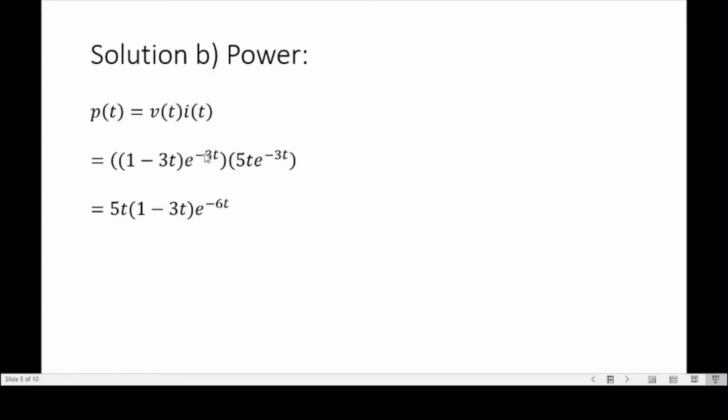Exponent rules state that this is just negative 3 minus 3, which is negative 6t. Then we bring the 5t over to the front, and we distribute into the brackets, and we end up with 5t e to the negative 6t minus 15t squared e to the negative 6t microwatts. Micro is just 10 to the negative 6 because we have the voltage in millivolts and we have the current in milliamps.